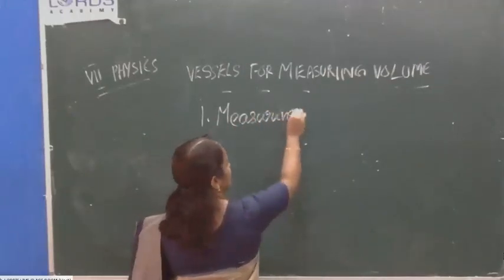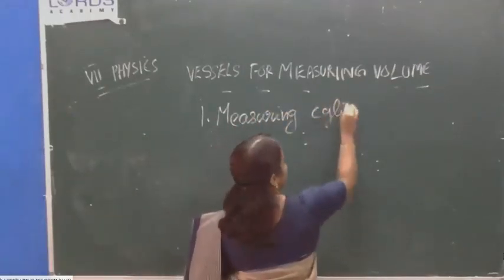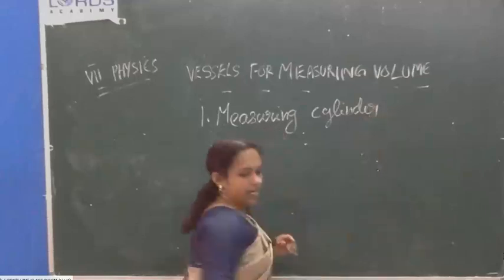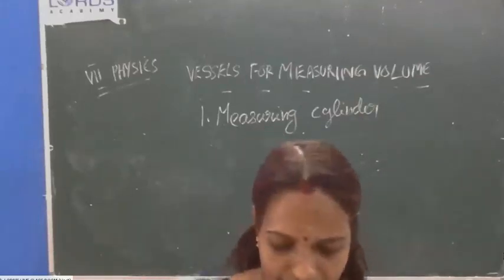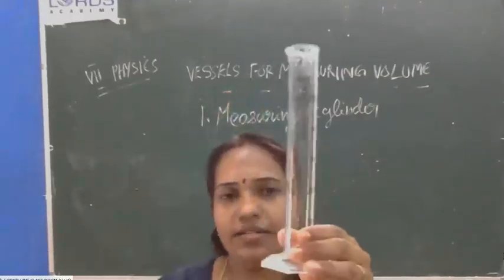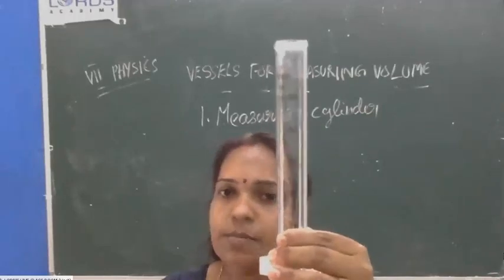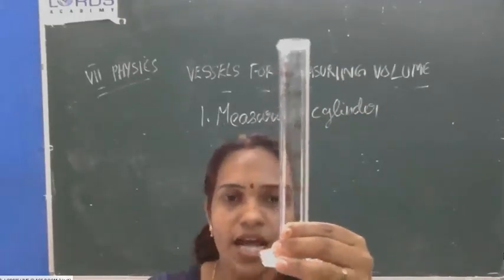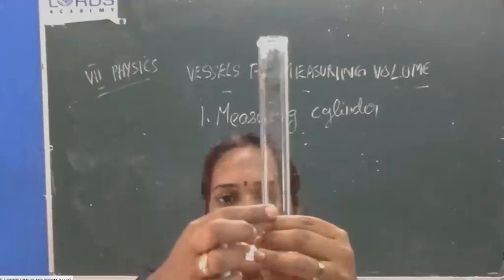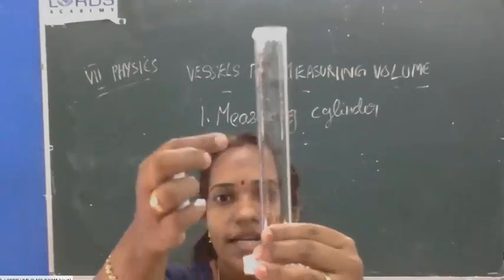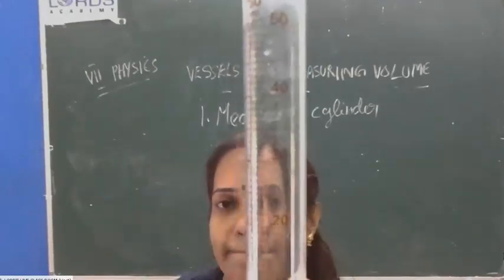You already studied this. Measuring cylinder. All of you can see this. This is a measuring cylinder. Can you see the readings? 10, 20, 30, 40, 50.